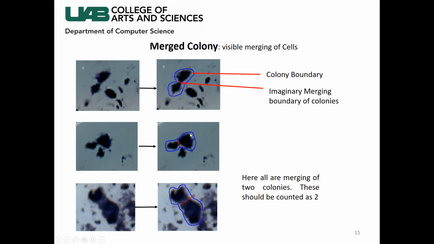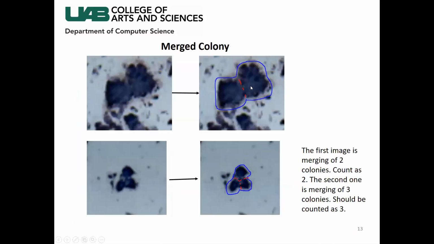This is also an example of merged colonies; two colonies may have merged here. Another example of a merged colony: two colonies have merged here. In the last picture, it seems like three colonies have merged, so we annotate it as a merged colony and count it as three.